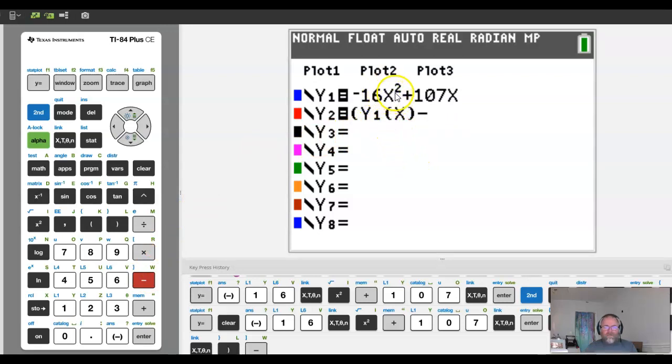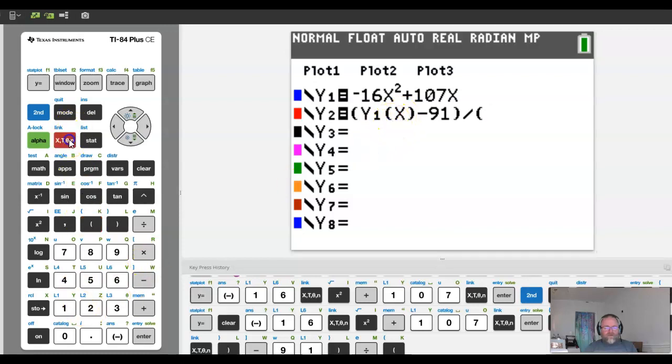If you put a 1 in here, that's 1 squared is 1 times negative 16 is negative 16, plus 107 times 1, which is 107. So it's basically 107 minus 16, which is 91. We can just put that right in there. Then we're going to divide that by x minus 1.